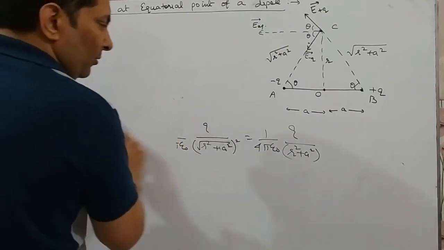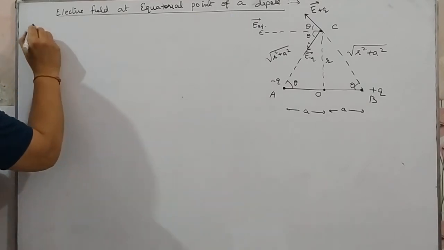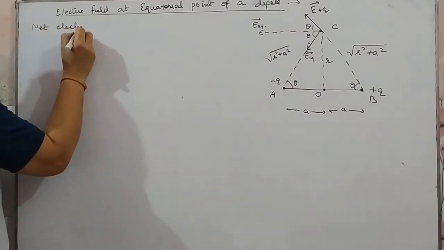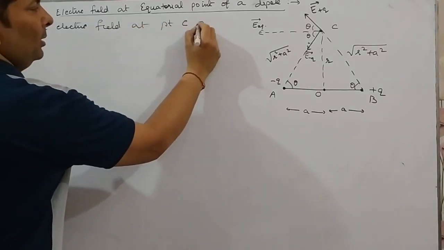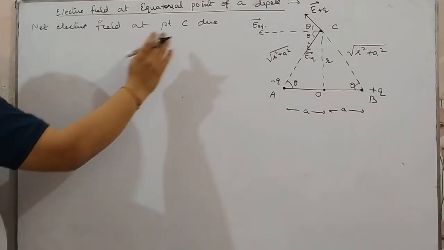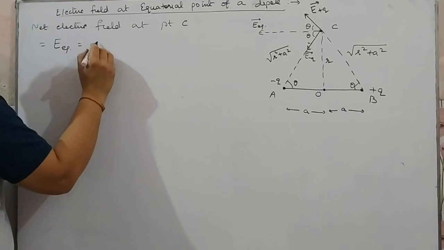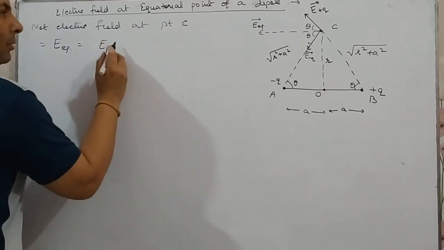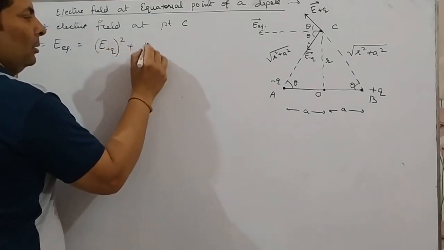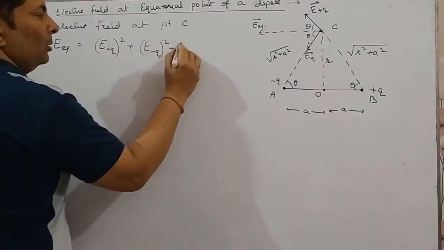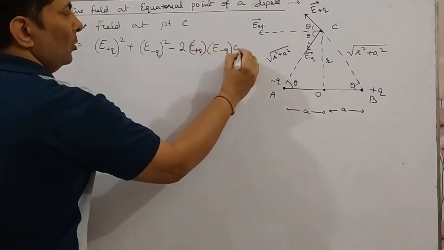So the net electric field at point C will be equal to E equatorial, given as E plus Q squared plus E minus Q squared plus 2 E plus Q E minus Q cos 2 theta.